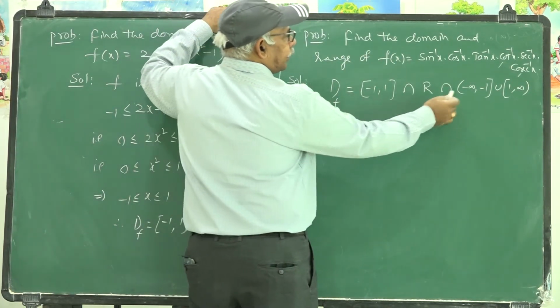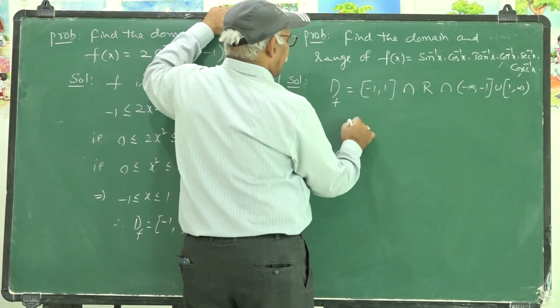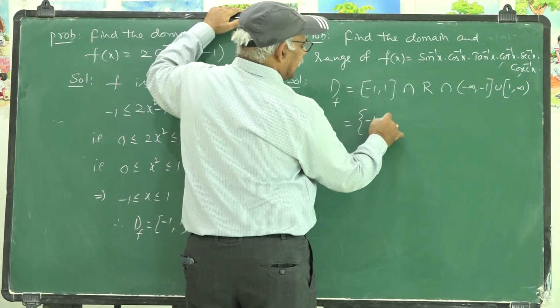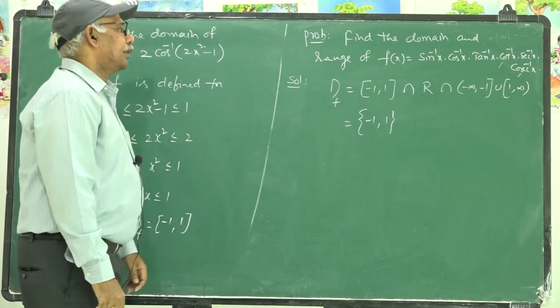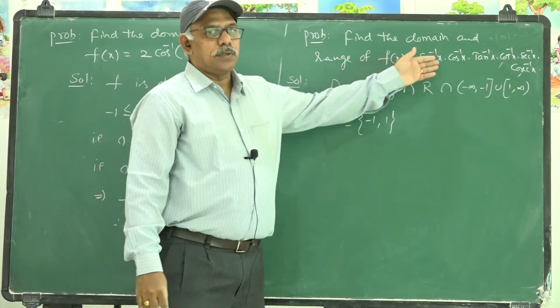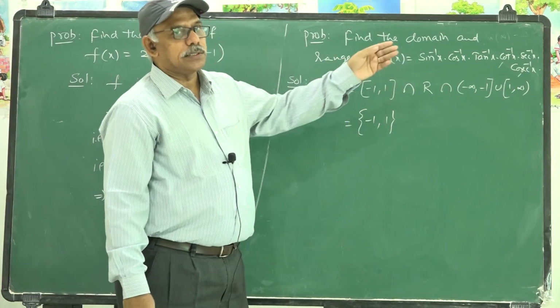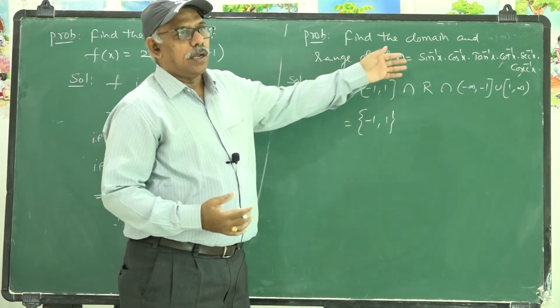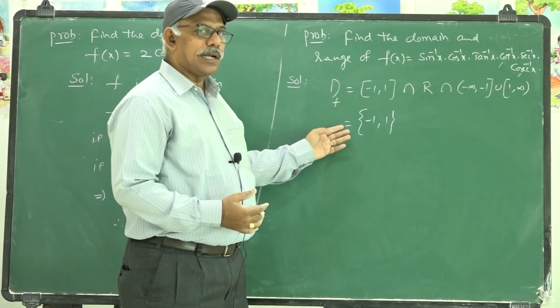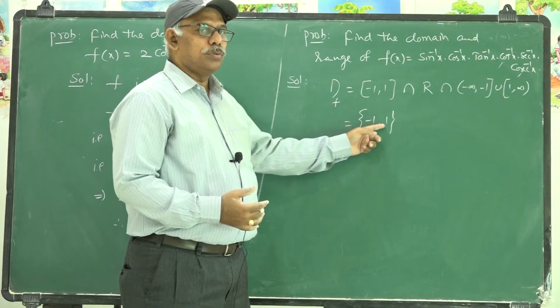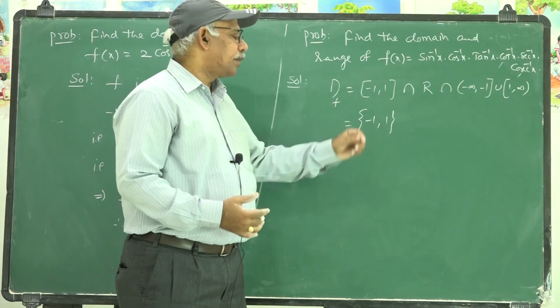So, intersection of these three is nothing but the set that contains only two elements, minus 1 and 1. So, f(x) equal to sin inverse x into cos inverse x into tan inverse x and so on. The domain of such function consists of only 2 elements, minus 1 comma 1.